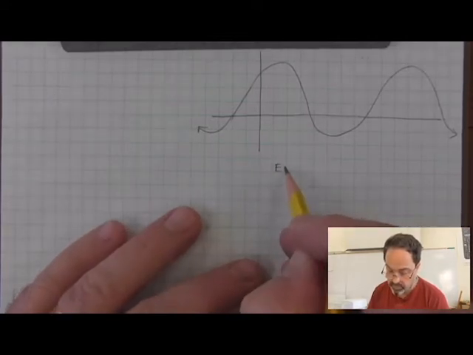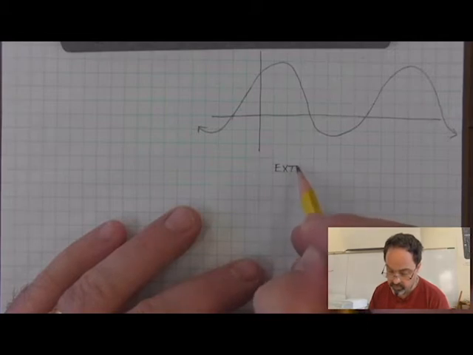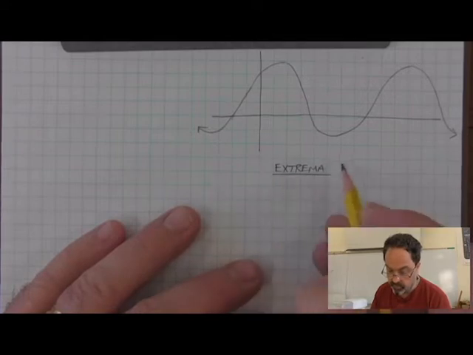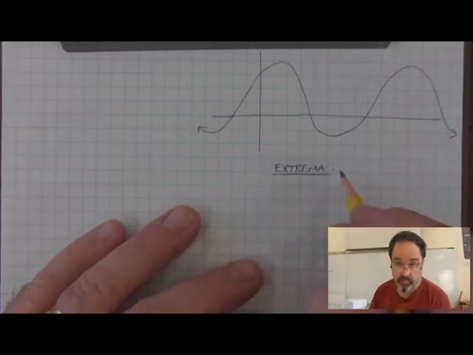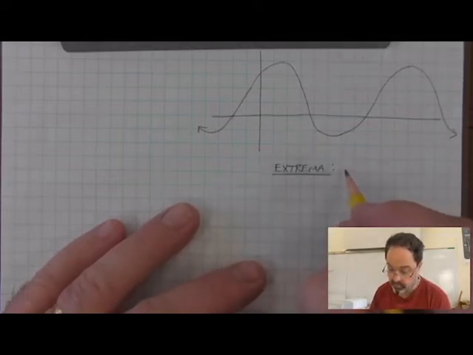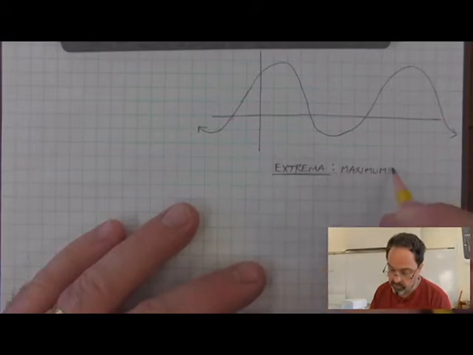One feature that all sinusoidal waves have is extrema. Extrema is a fancy word for extreme values, and those extreme values can come in two different varieties: maximums and minimums.